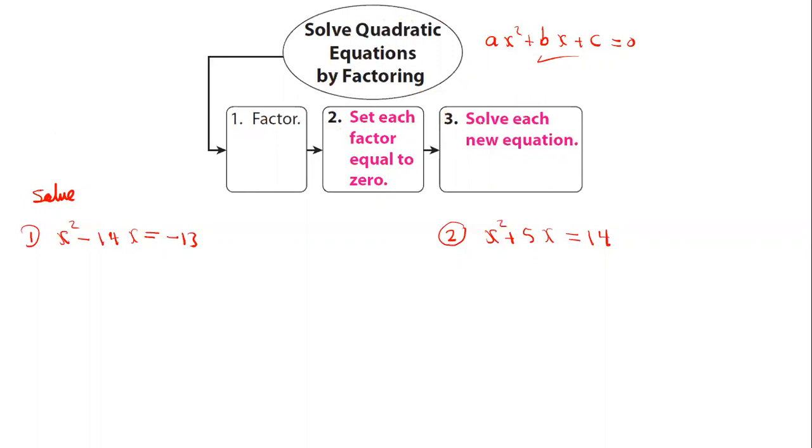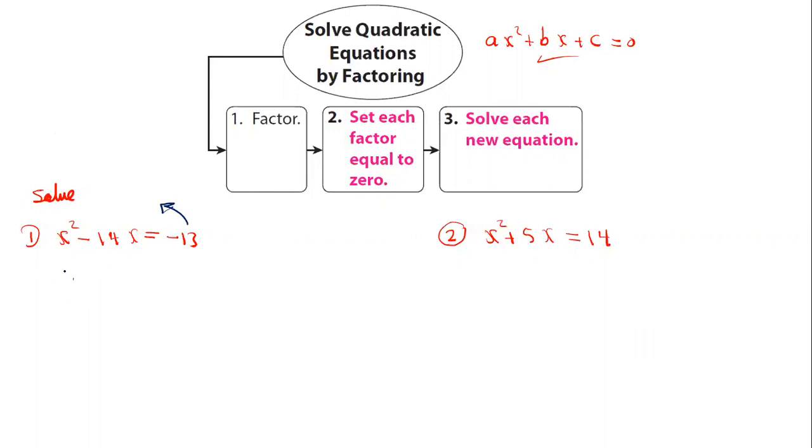Then solve each new equation. Okay, look at these two examples we have. Firstly, this equation is not a trinomial equal to 0, it is equal to negative 13. So I have to move negative 13 to the other side.